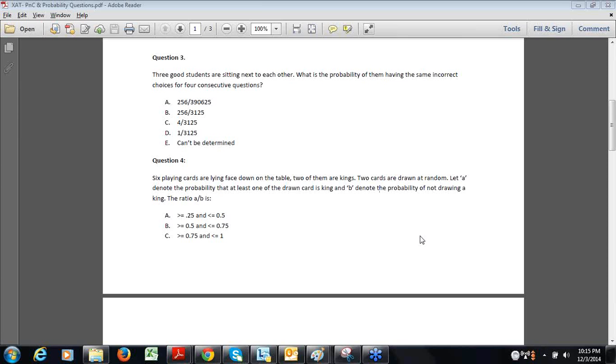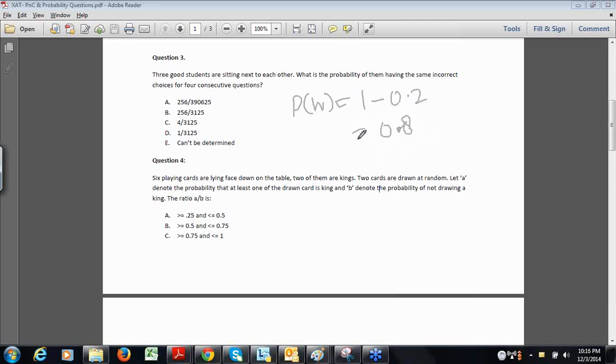We can calculate it as 1 minus 0.2, which will be 0.8.